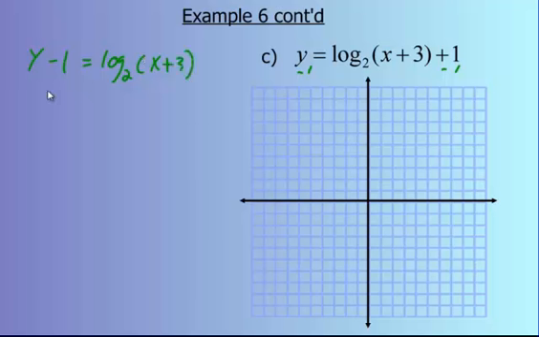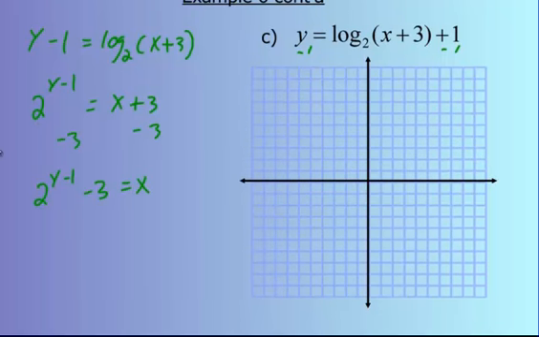Then I'm going to rewrite this as 2 to the y minus 1 power, which is equal to x plus 3, and then we'll get the x by itself by subtracting 3 on both sides. So I have 2 to the y minus 1 power minus 3 is equal to x. And then we would just build a table from there.